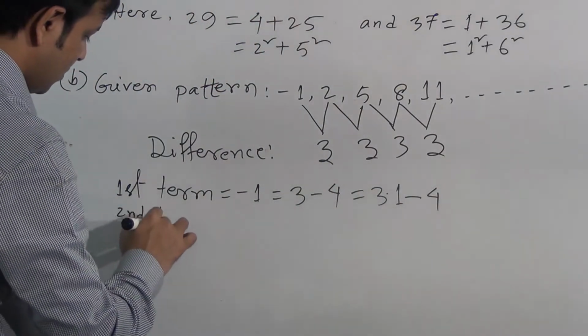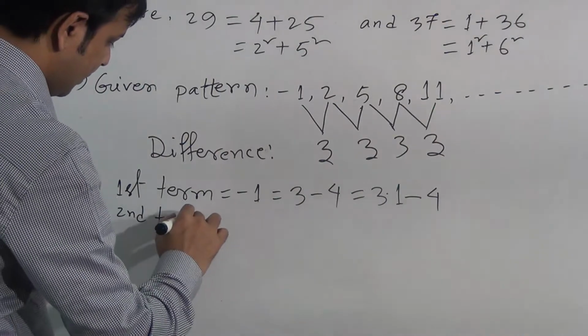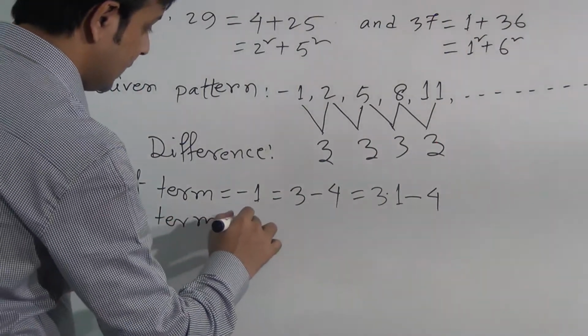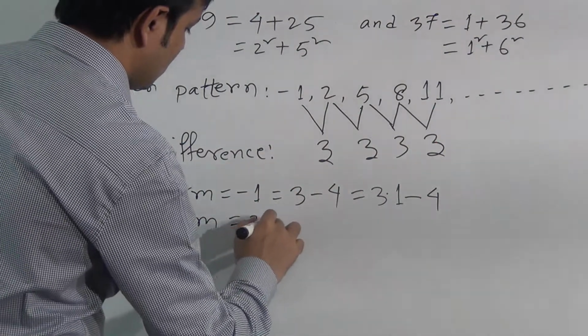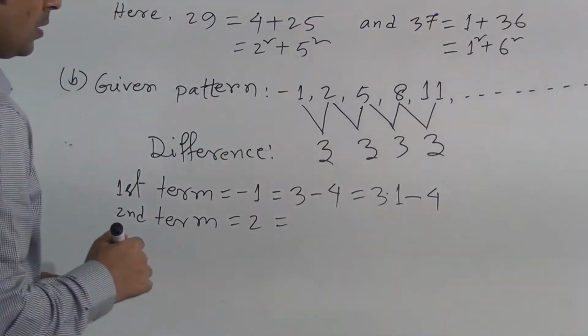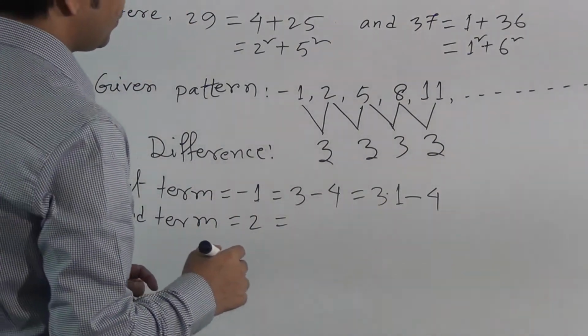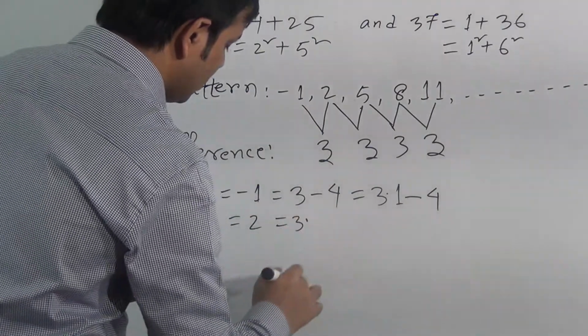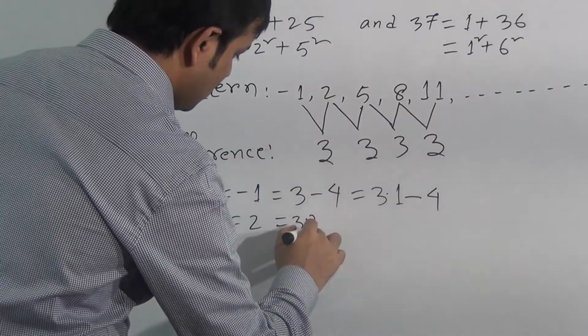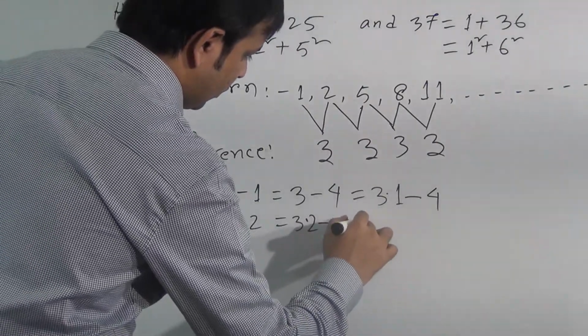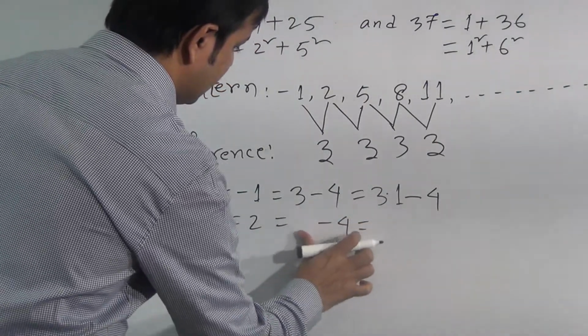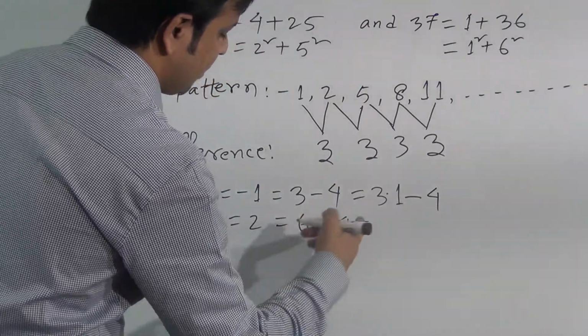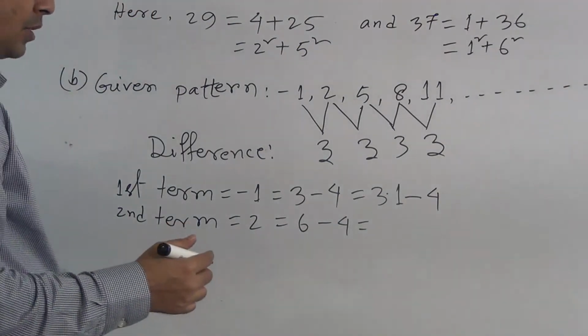Second term, that is 2. How can we write 2? 3 into 2 minus 4. Sorry, we can write here 6 minus 4. 6 minus 4 is 2.